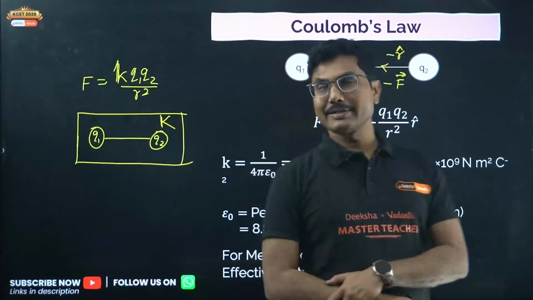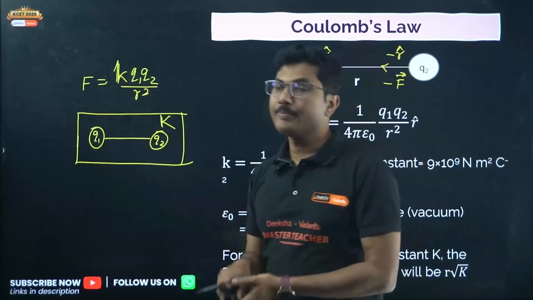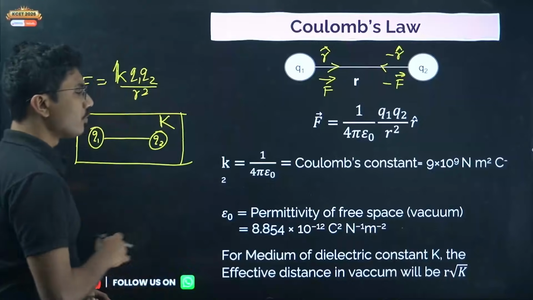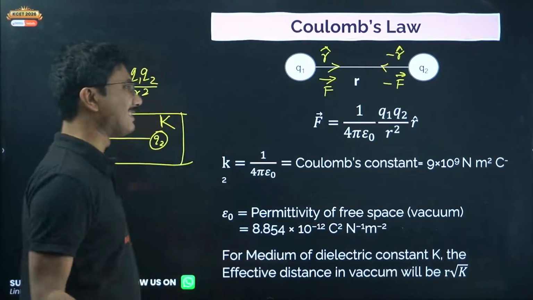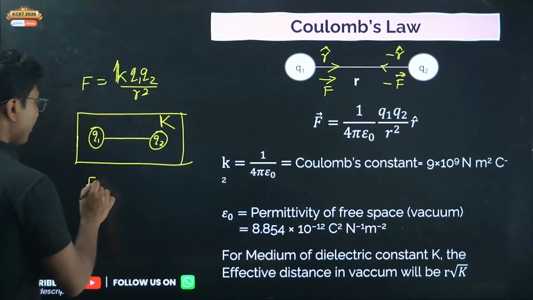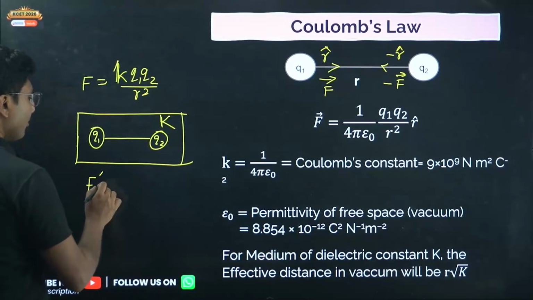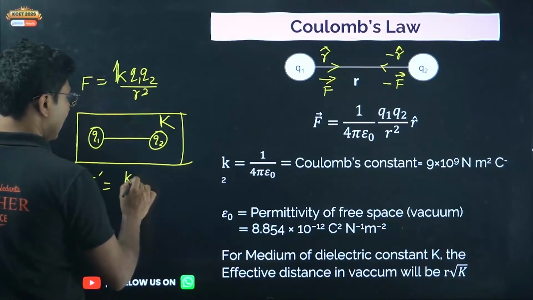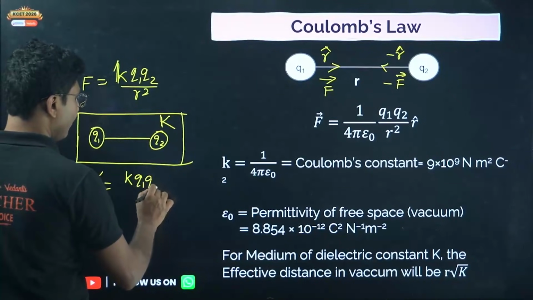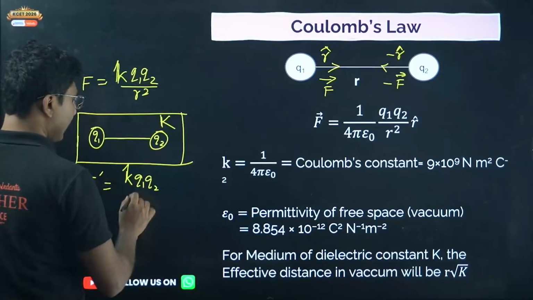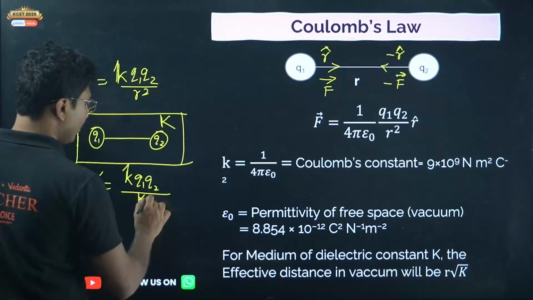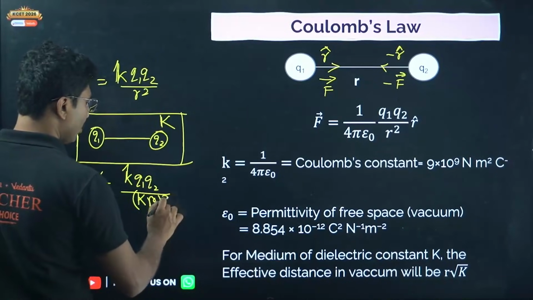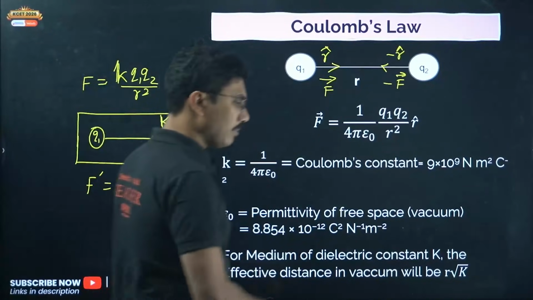So if you put the entire system into a dielectric medium, then this exact formula is not valid exactly. In that case, the new force will be small k Q1 Q2 divided by capital K into r whole square. Remember this.